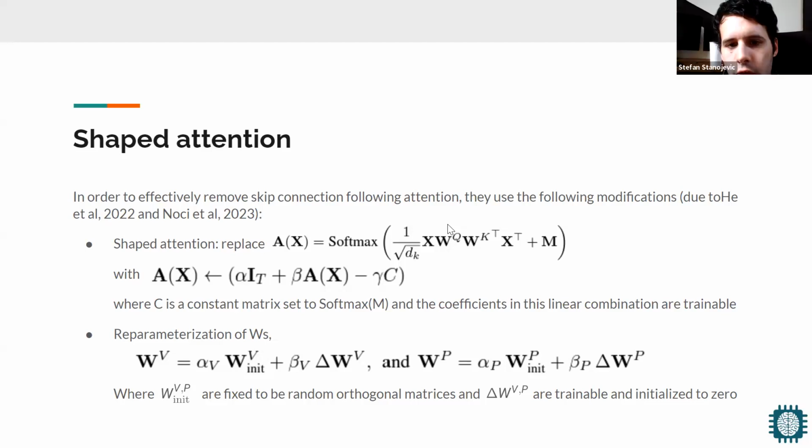This is added in this second paper by Noci et al., and it's basically in order to reduce oversmoothing. Oversmoothing is a phenomenon that can happen in deep transformers, especially after some changes were made, like if those multi-layer perceptrons were removed, or maybe if the skip connection was removed.